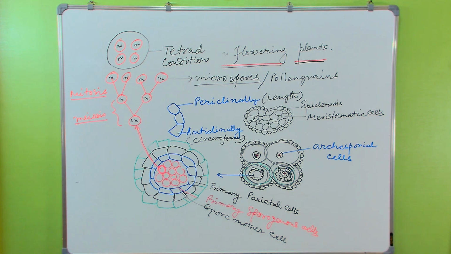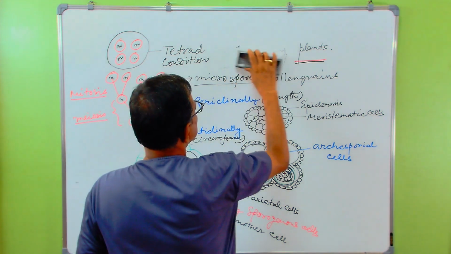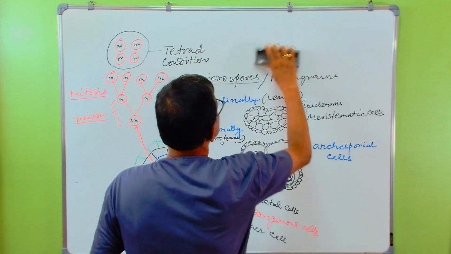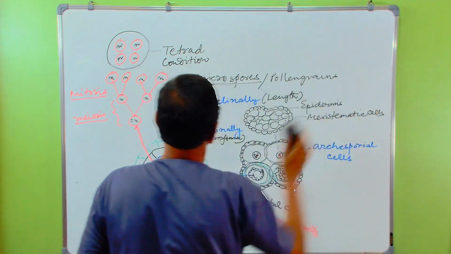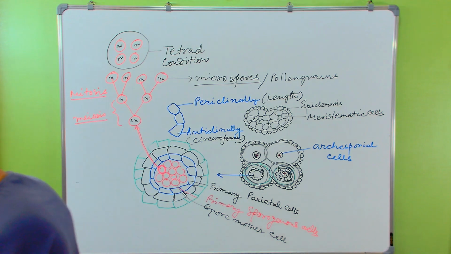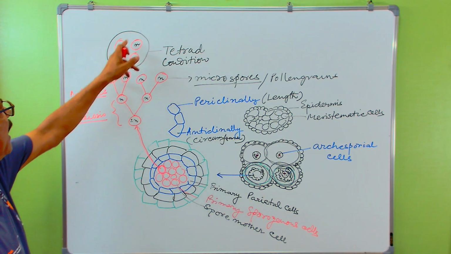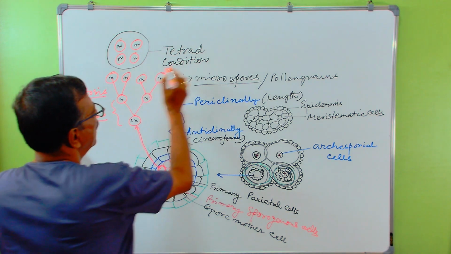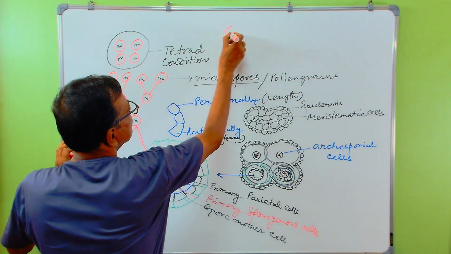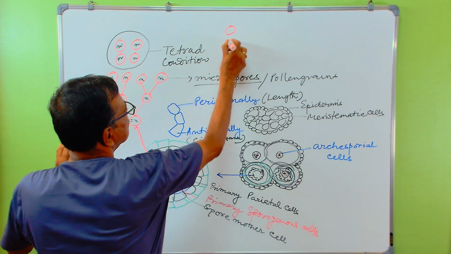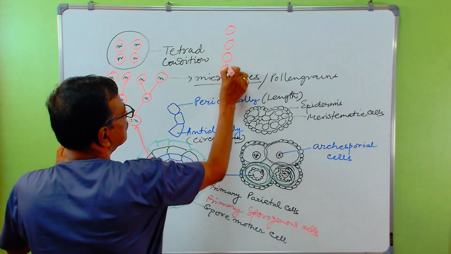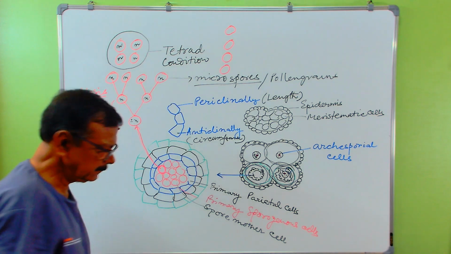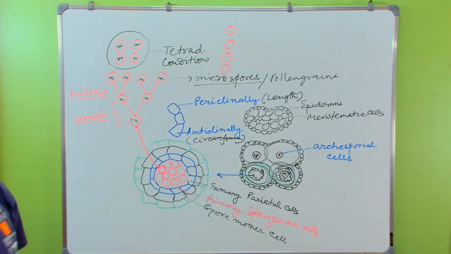Further, they get separated and a cell wall is formed around them.